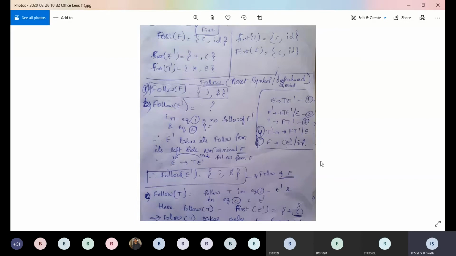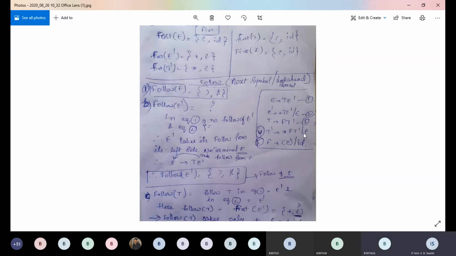Why do we need to go for right side production only? Anyone? What type of grammars are we using here? LL1 grammars, and we are using context free grammars.